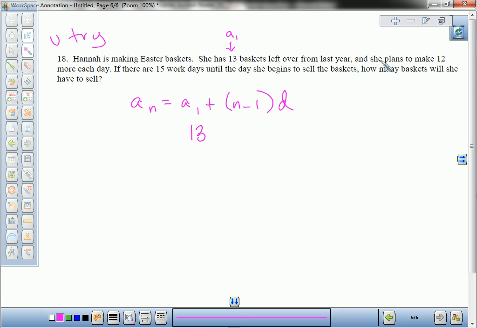So 13 goes here. She plans to make 12 more each day. That is our common difference, 12. We have 15 work days. 15 is our end. So how much will we have after 15 days? 181. Okay, so we're going to do 13 plus 14 times 12. And you are correct. After 15 days, we will have created 181 Hannah wheel baskets.